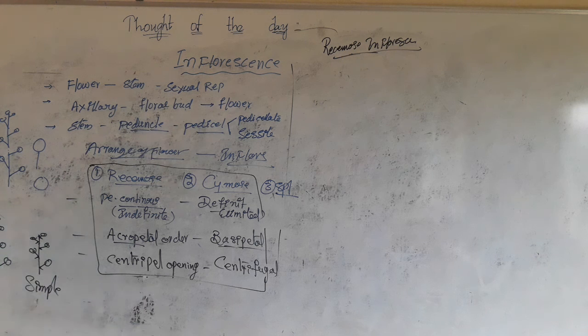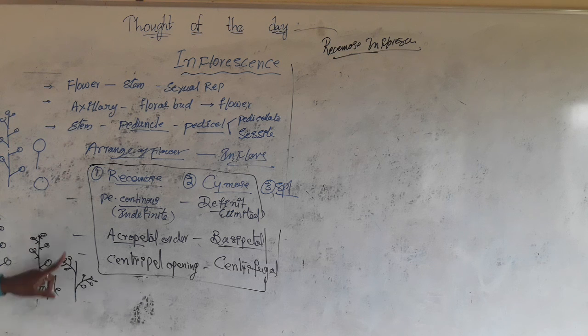Simple type. For example, in some members, this is a main peduncle, this is a branch of the peduncle, this is another branch. Now flowers are attached with the branches of the inflorescence, the branches of the peduncle, not directly to the peduncle.